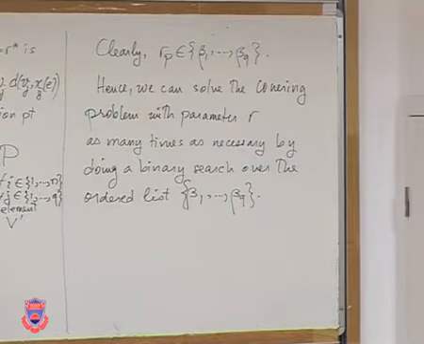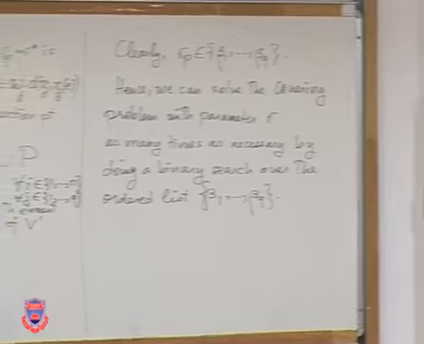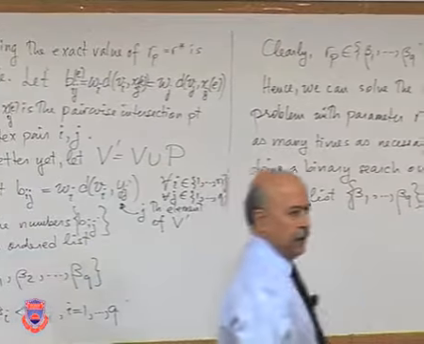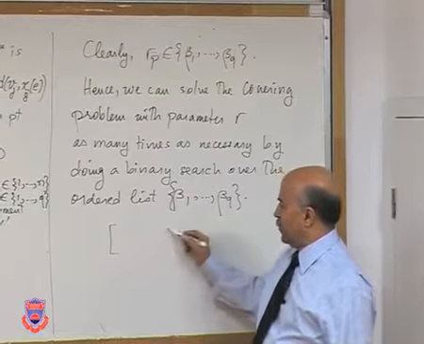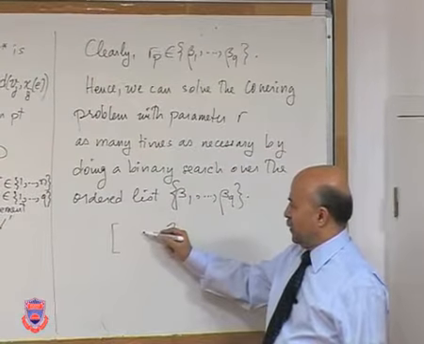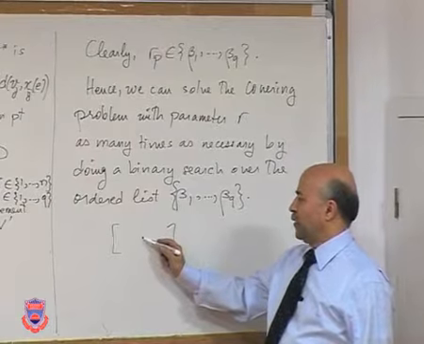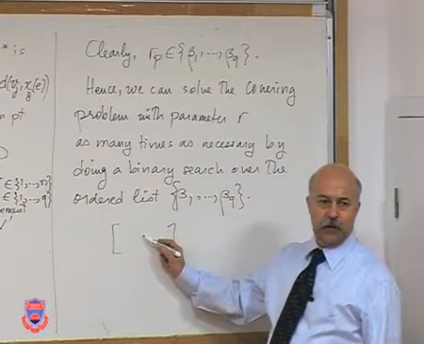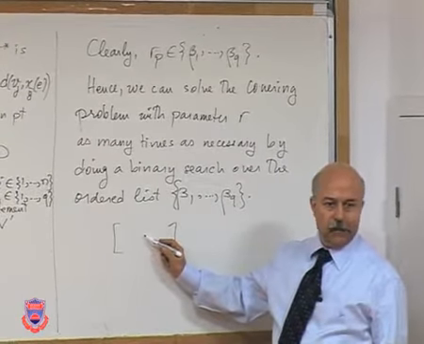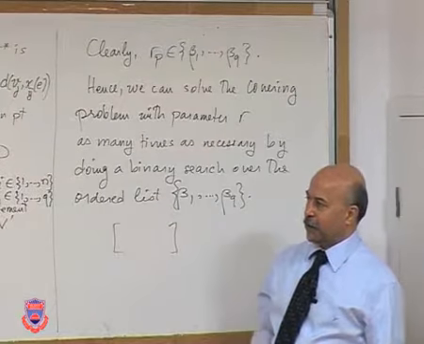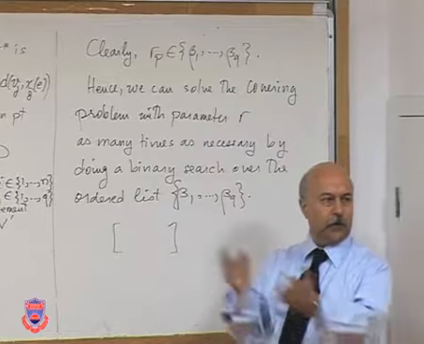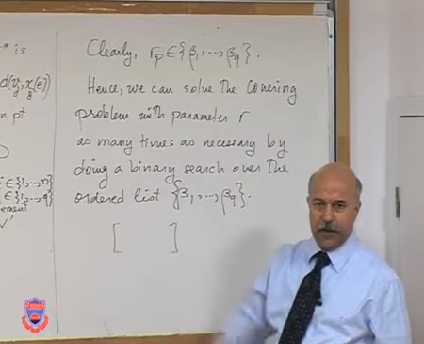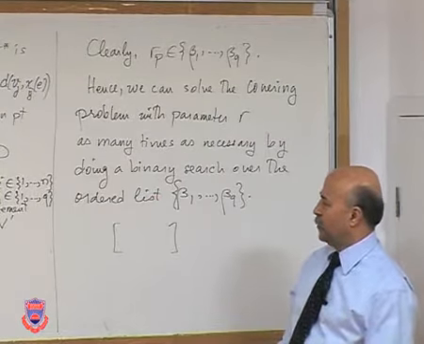So instead of working with an interval, you're working with finitely many numbers. They are ordered. And when they are ordered, of course, you begin with some element close to the middle. You solve the covering problem. You either truncate the lower portion or the upper portion, depending on what happens with the covering problem.